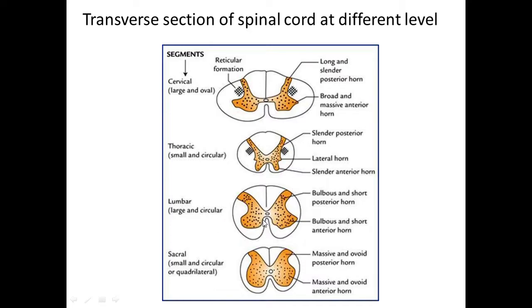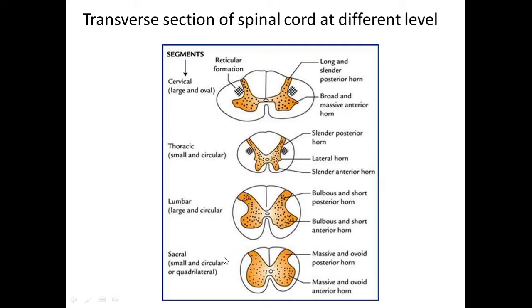Then at the lumbar level, the cross section is large and circular. The posterior horn is bulbous and short, while the anterior horn is also bulbous, but as compared to the posterior horn, it is larger.